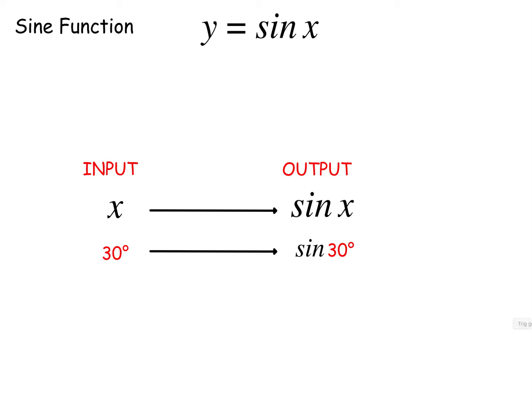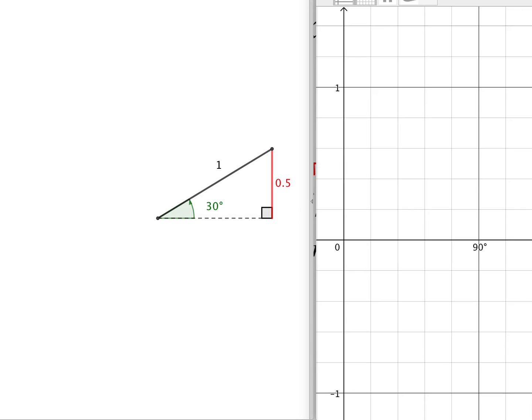For this, we're going to use a bit of software that will do a lot of the work for us. There's a 30-degree triangle, it's right angled. The hypotenuse is fixed at 1 unit long. The opposite side is 0.5 units. The software measures the size of this line and it will enable us to vary that angle. On the right hand side here, there's a set of axes for the graph.